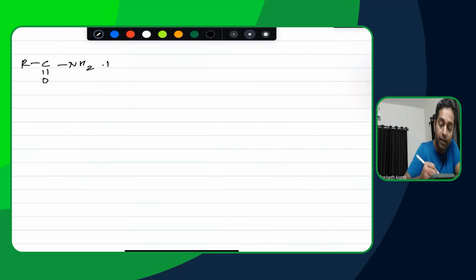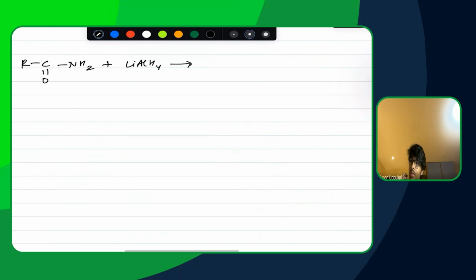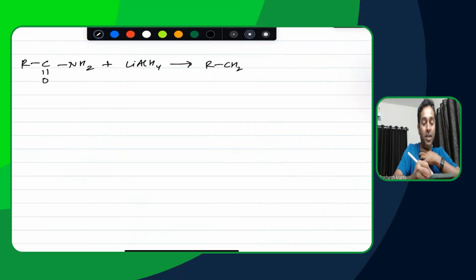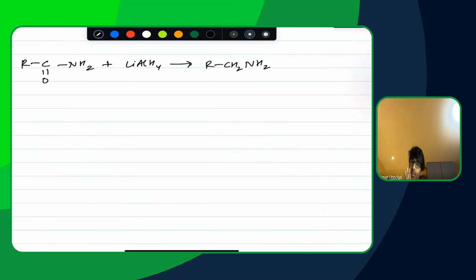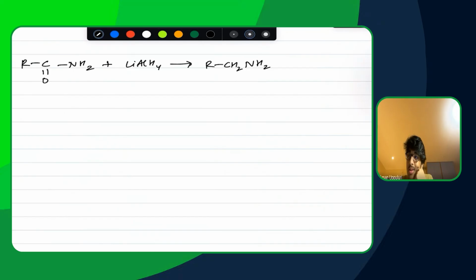So if I take this and I hit it with LiAlH4, what do you think I should be getting? CH2 and NH2. Give me a gut answer. Correct. Good. In place of the OH, you'll be getting NH2. How many equivalents? One. Think.